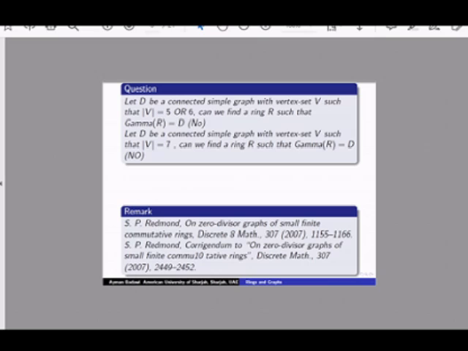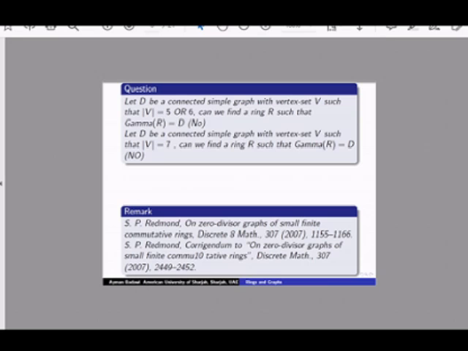I'm not sure, maybe up to 20 rings, graphs with vertices up to 20 or 30, they were able to classify the corresponding rings for the given graph.